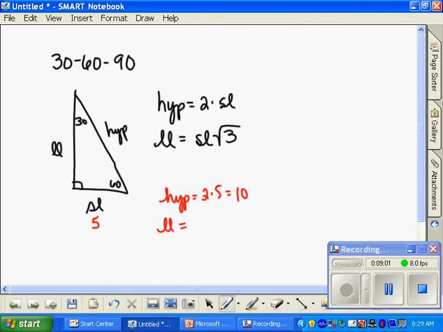And the long leg would be 5 root 3. Of course, if I gave you the hypotenuse, let's say the hypotenuse is 12, the short leg would be 6, and the long leg would be 6 root 3.